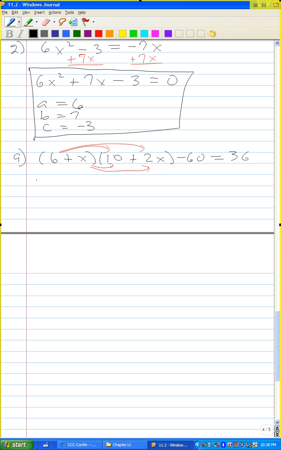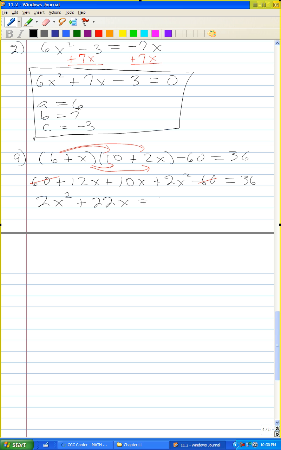You get 60 plus 12x plus 10x plus 2x squared minus 60 equals 36. The 60s cancel. Let's combine like terms, and let's write this in descending order. 2x squared plus 22x equals 36. Subtract 36 from both sides of my equation.